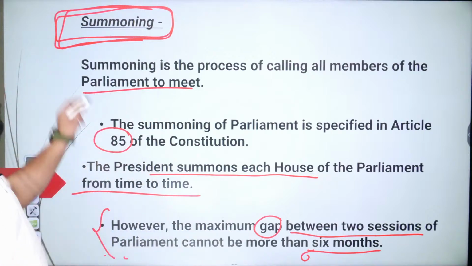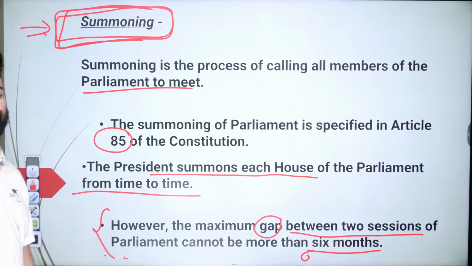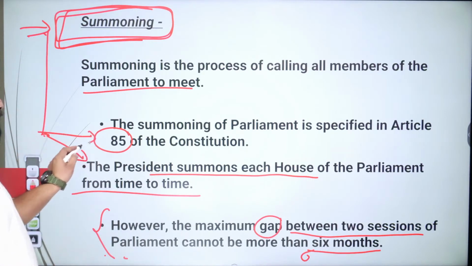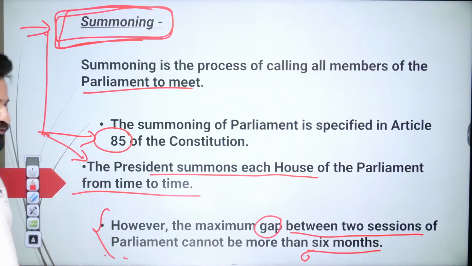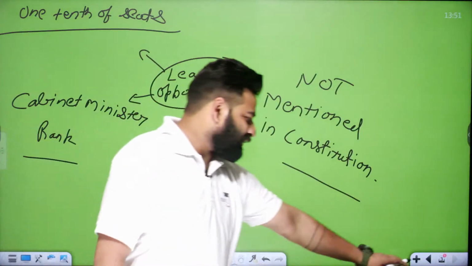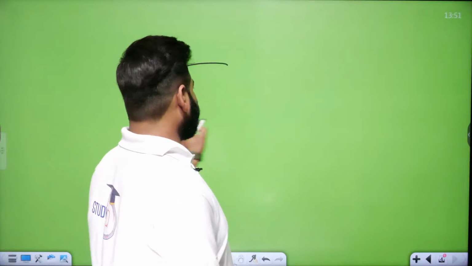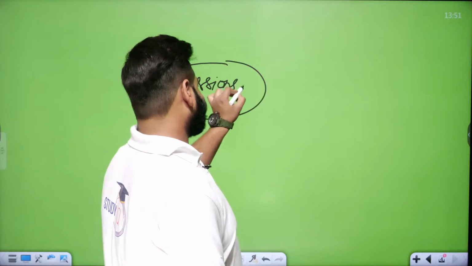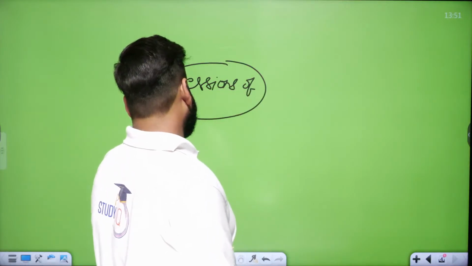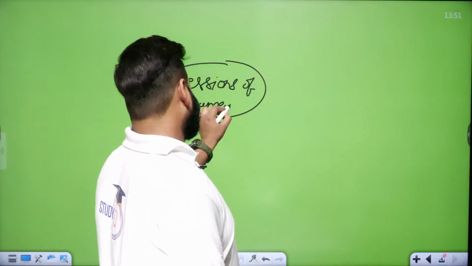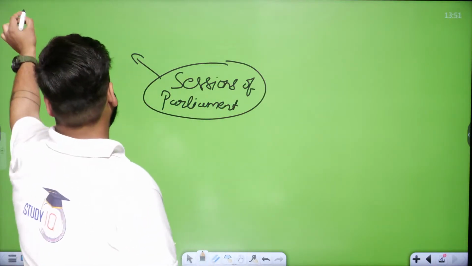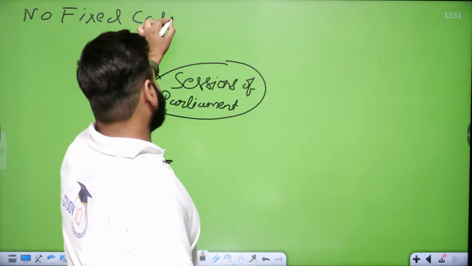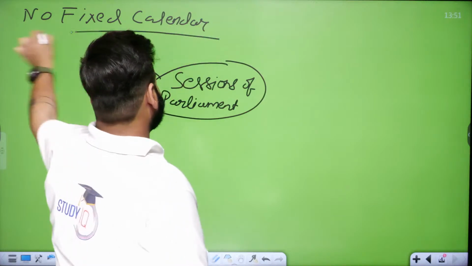Right, so summoning, it is the authority of whom? It is the authority of the President under Article 85 of the Indian Constitution. So make it clear here: sessions of parliament. Firstly, what has been stated: no fixed calendar.